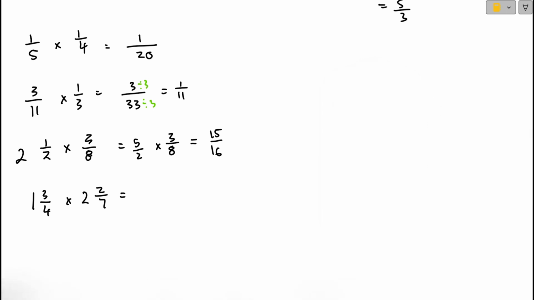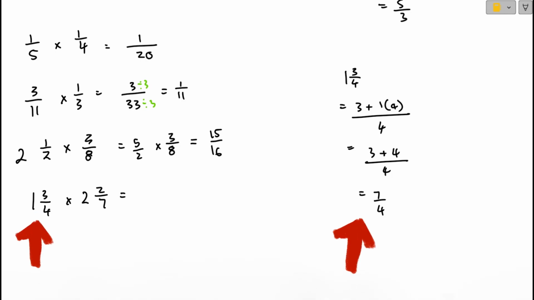Okay, so now we're having 2 mixed numbers. That is not an issue because we already know how to convert them. So 3 plus 1 times the value of the denominator. So 3 times 4 plus 4 over 4. This will be 7 over 4. Okay, this is for that over there.